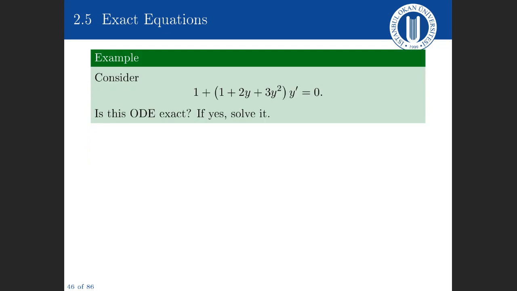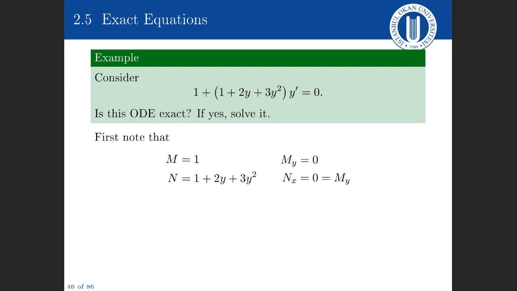Consider 1 plus (2y plus 3y squared) y prime is equal to 0. Is this differential equation exact? If the answer is yes, solve it. Here, M is the function 1, and My is 0.